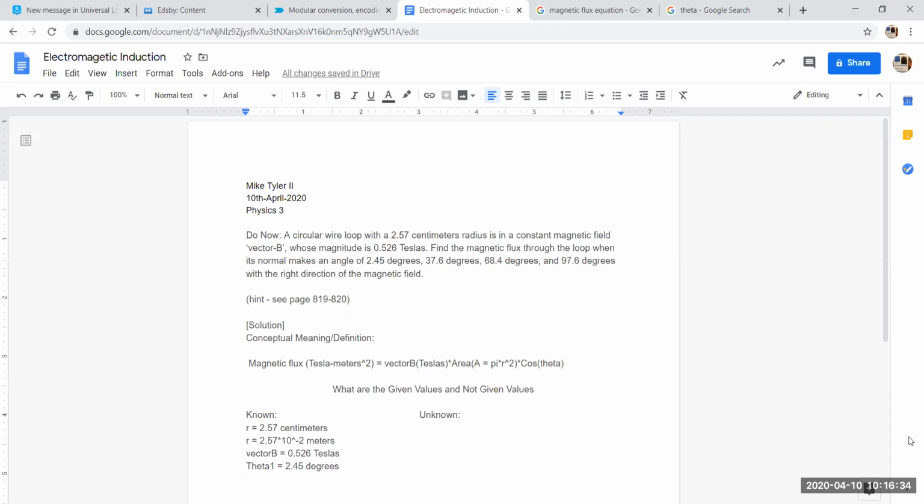What else we have? We have theta 2, which is equivalent to, it's up right here, 37.6 degrees. Theta 3, because we have 4 of them, right?